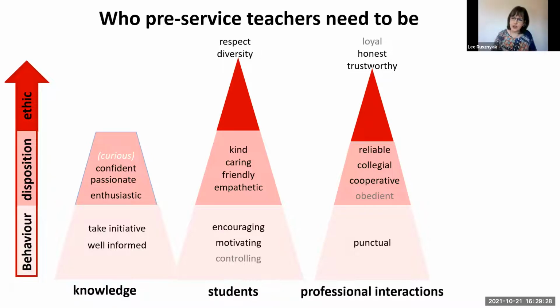So this included things like being punctual, being suitably attired. It condensed into dispositions like being reliable, being collegial, being cooperative. And that condensed into ethics about being honest and trustworthy.